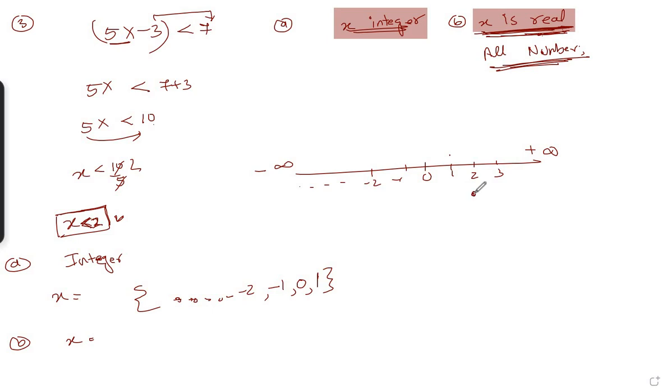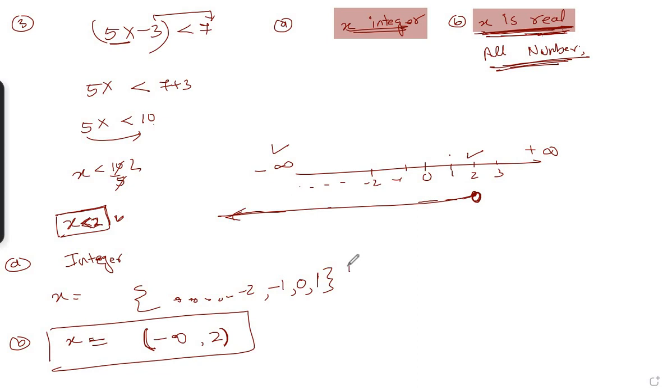So we need all the real numbers less than 2. Correct? 2 is not included. Not included means open. All the numbers less than 2. So for all real numbers, we write this number and this number which we need, and we put these type of brackets. Not curly brackets. Okay?